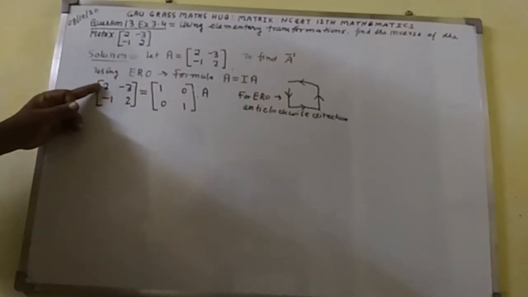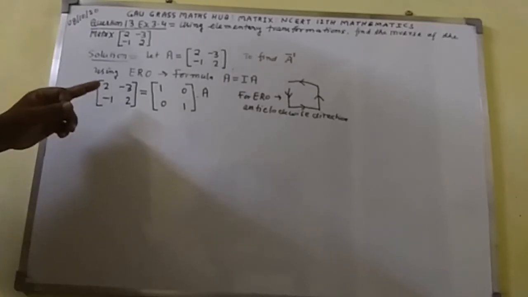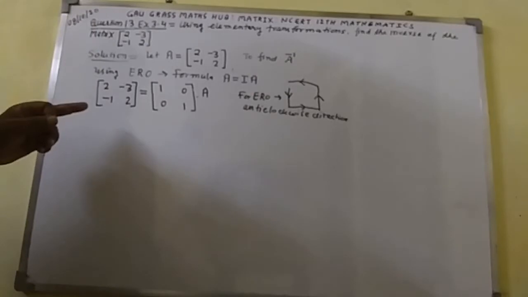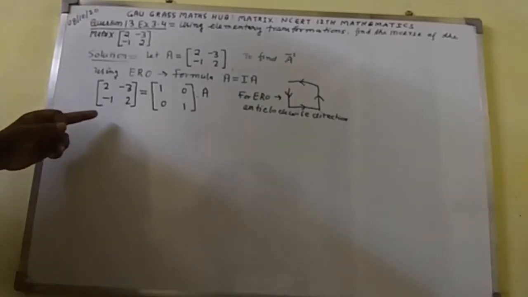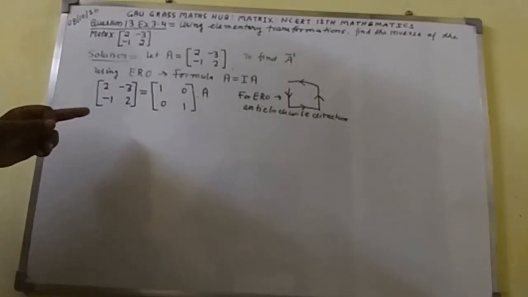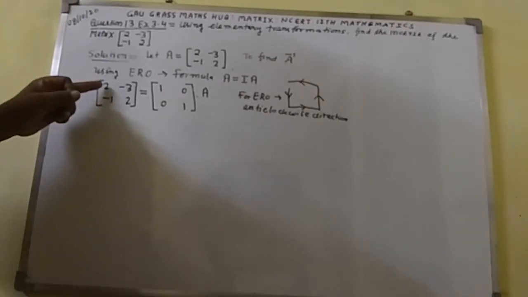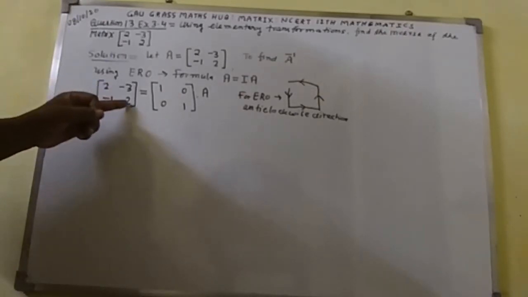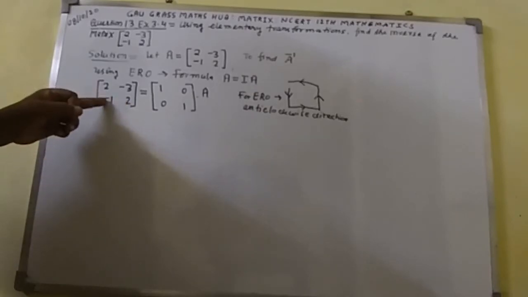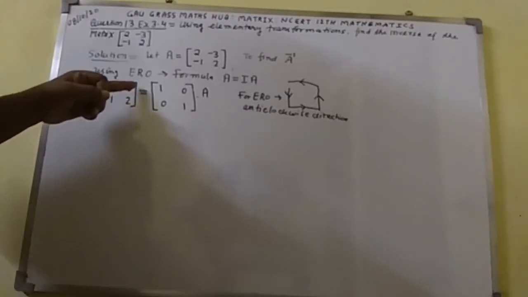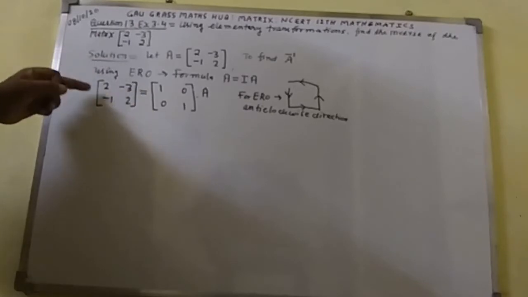These two will be converted into 1 because the elements of the principal diagonal in the identity matrix must be 1. So here 1 should be there, here 1 should be there, here 0 should be there, here 0 should be there, because this whole matrix is going to be converted into the identity matrix.